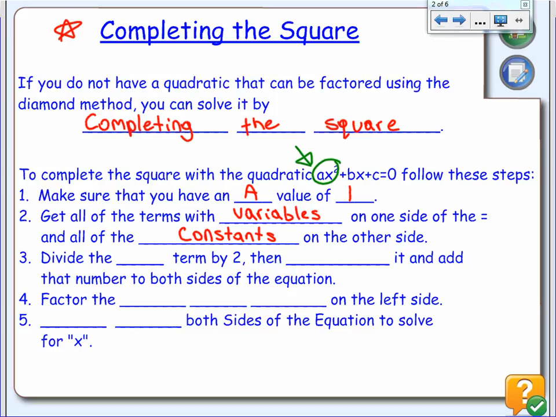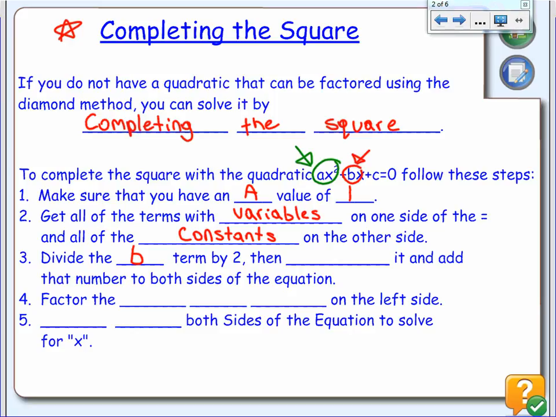Step 3 is what makes this so weird, but it's a little trick that someone a long time ago came up with, which helps us create a situation that helps us answer these questions. And that little trick is they divide the b term. So the b term is this thing up here, that b value, whatever's in front of the x.